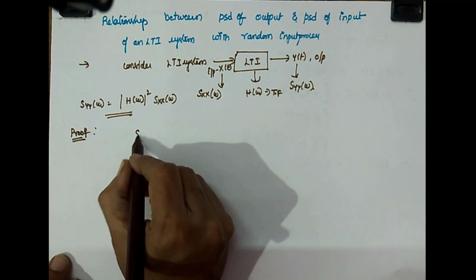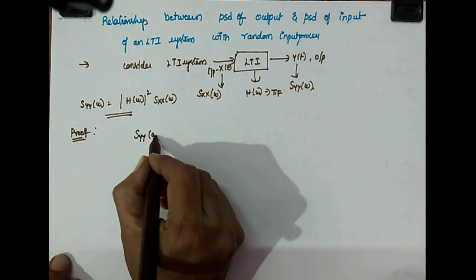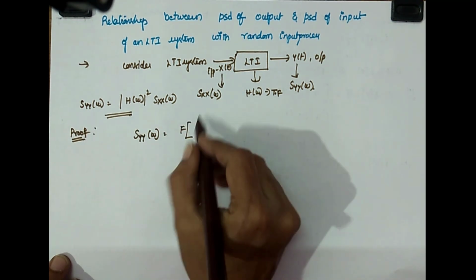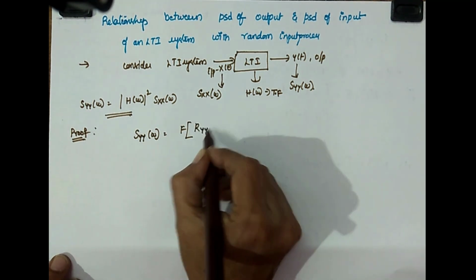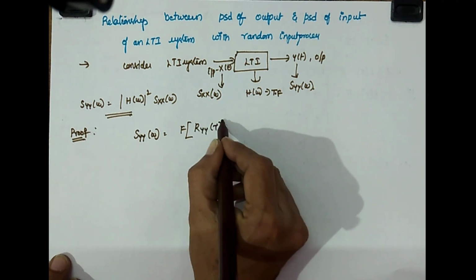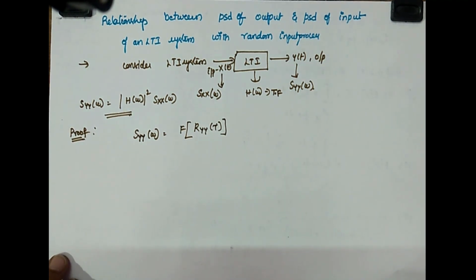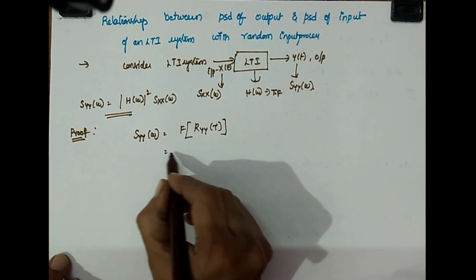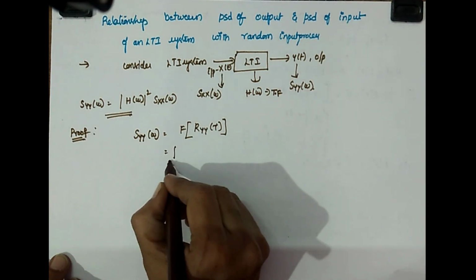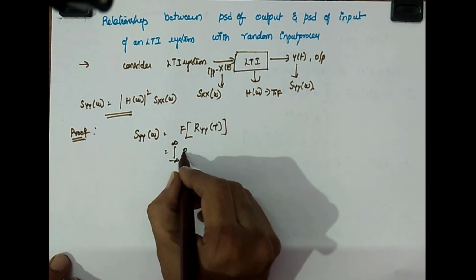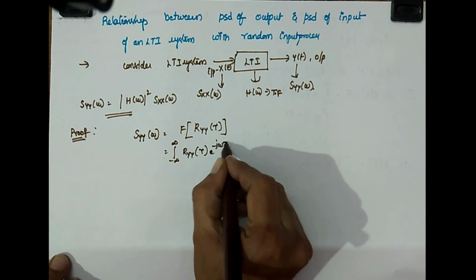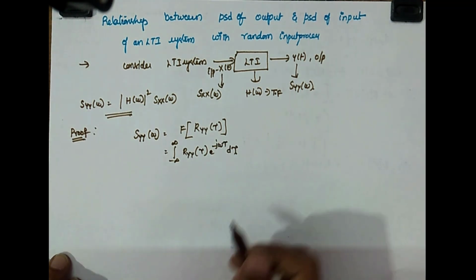We know the output power spectral density Syy of omega is the Fourier transform of the autocorrelation function of the output response Ryy of tau, that is, integral from minus infinity to infinity Ryy of tau into e power minus j omega tau d tau.